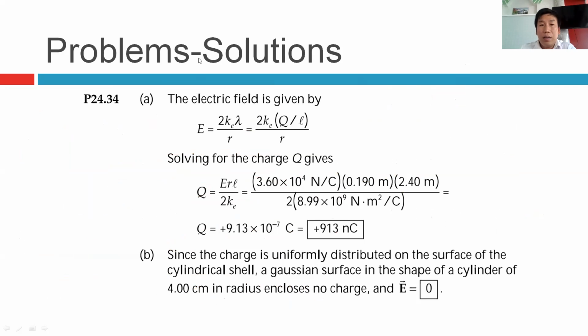First, you need to apply the Gauss law. The Gauss law here is the closed integral of E dot dA, equal to the total Q divided by epsilon 0. Remember, in your examinations, when you apply the Gauss law, if you don't have this closed-integral symbol, it will not be counted as applying the Gauss law.